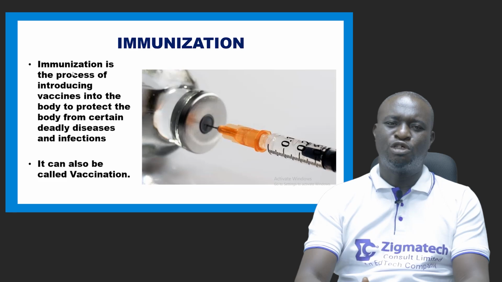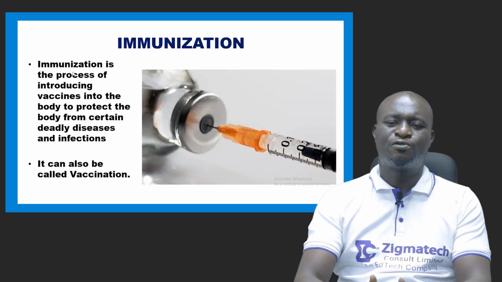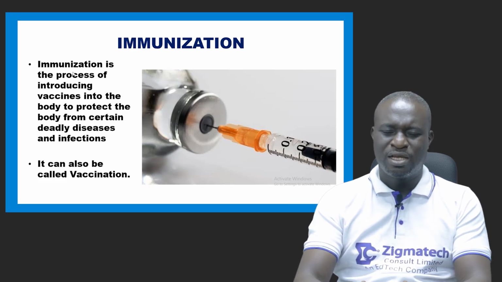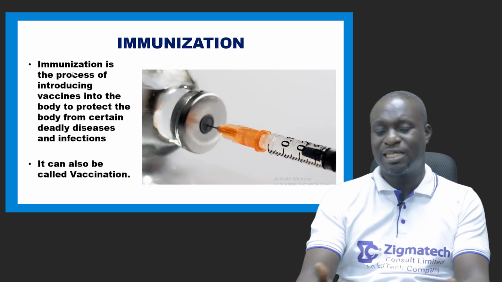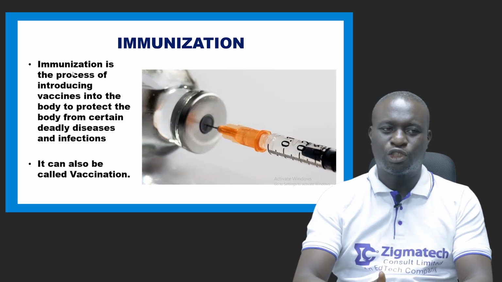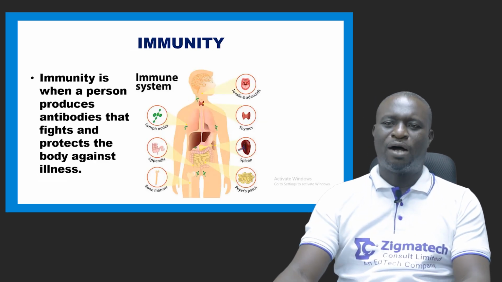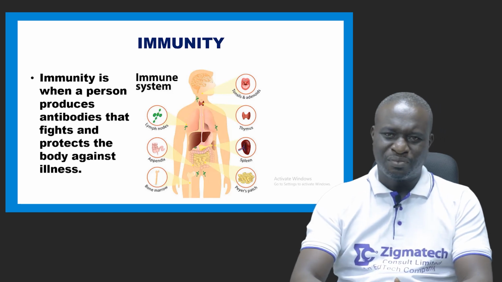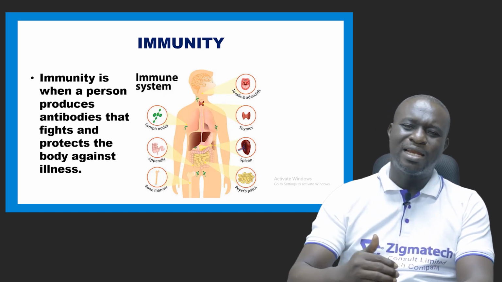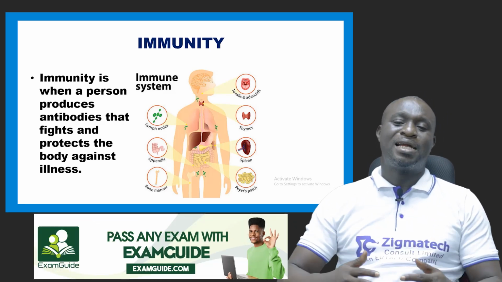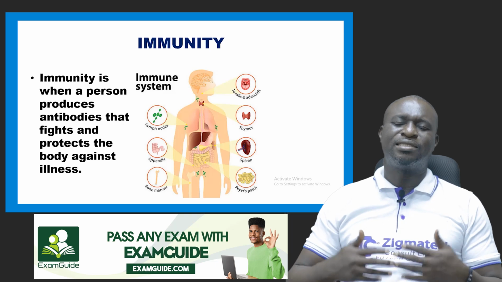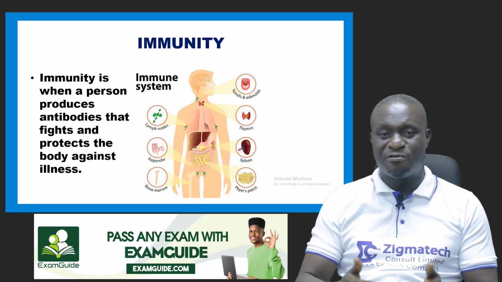Now, the purpose for introducing vaccines into the body is to protect the body from certain deadly diseases and infections. That is the purpose of immunization or vaccination. Now, what is immunity? Immunity is when a person produces antibodies that fight and protect the body against illnesses, diseases or infection.